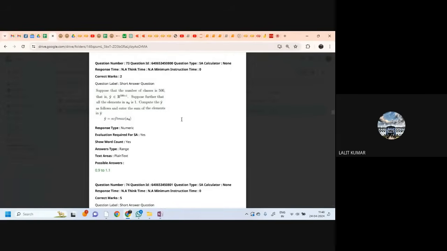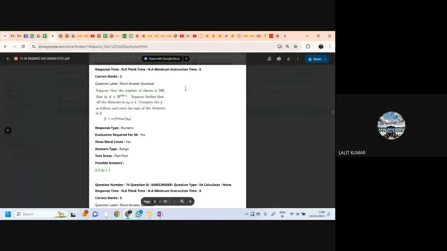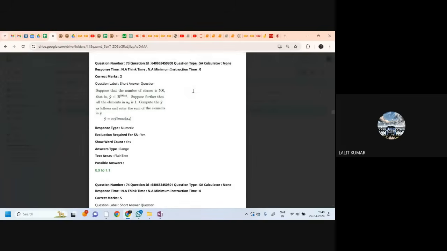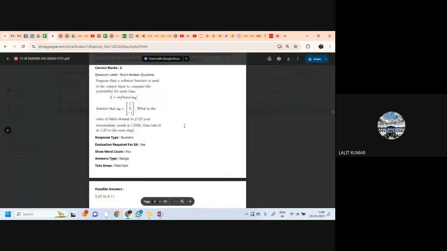हाँ. So इसका straight away है कि अगर A4 की वैल्यू सारी 1 है, then y hat will become 1 by 500, 1 by 500, 1 by 500. इसमें y की वैल्यू भी दी है.